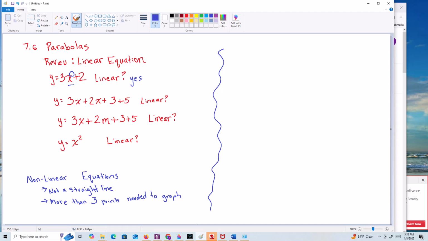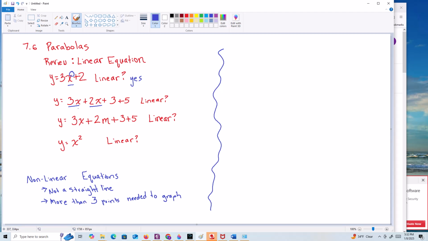Now, if I'm looking at y equals 3x plus 2x plus 3 plus 5, I have 3x and I have 2x. Well, those are like terms, so I can go ahead and evaluate those. If I have 3 apples and 2 more apples, I have 5 apples.